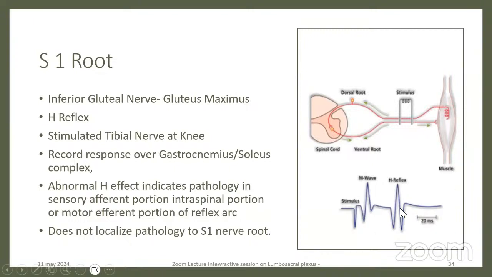It is done by stimulating the tibial nerve at the knee, and the recording is done over the gastrocnemius and soleus complex. Abnormal H reflex indicates pathology in the sensory afferent portion, intraspinal portion.